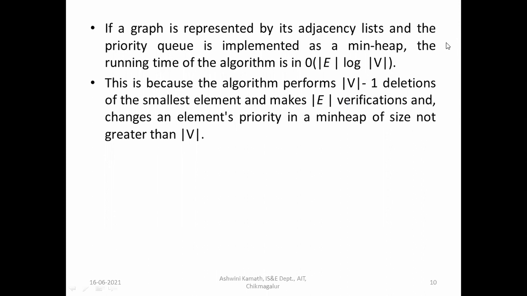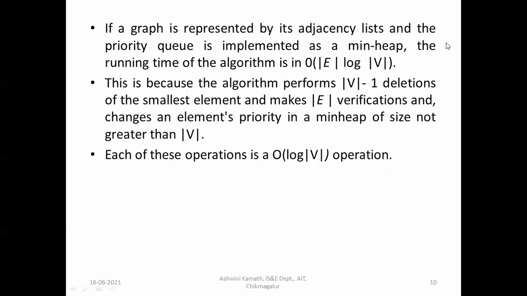Because after checking all the connected edges to the adjacent vertex, we have to select the one with the minimum cost. So it will perform edge verifications and change the element's priority in a min heap of size not greater than number of vertices. Obviously, it will select the vertices which are present in the tree. So it will be number of vertices.